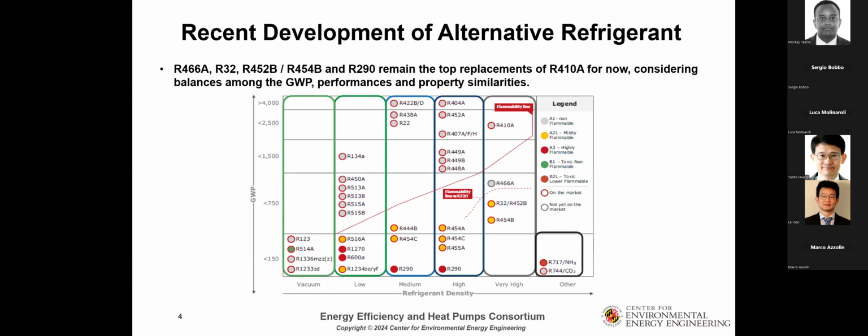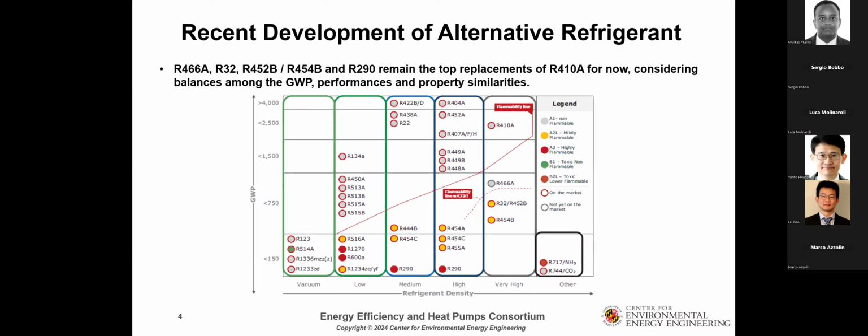And second, other promising candidates are mostly natural refrigerants like CO2, but it still requires a significant overhaul of the entire system design. Therefore, it is less attractive than the other A1 candidates, such as R466A, which require much fewer system changes.